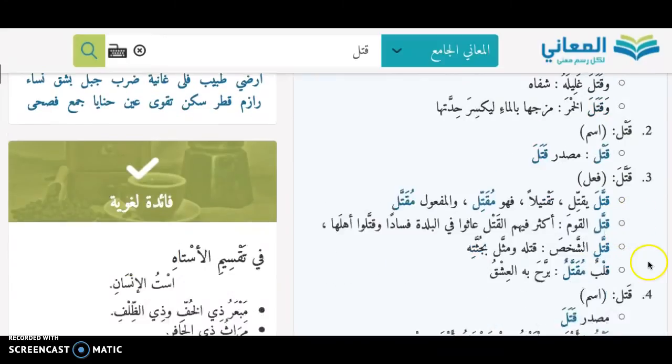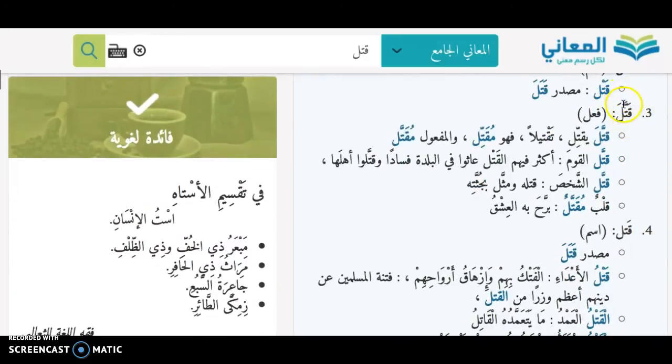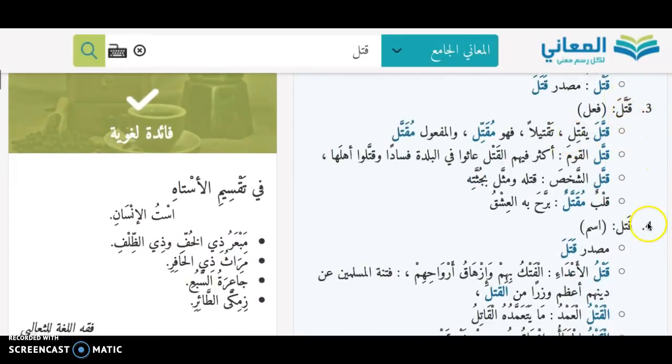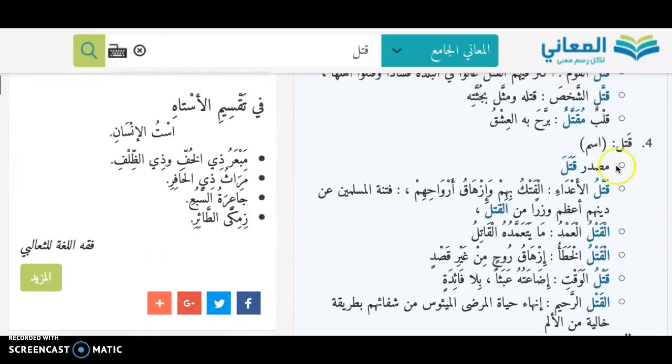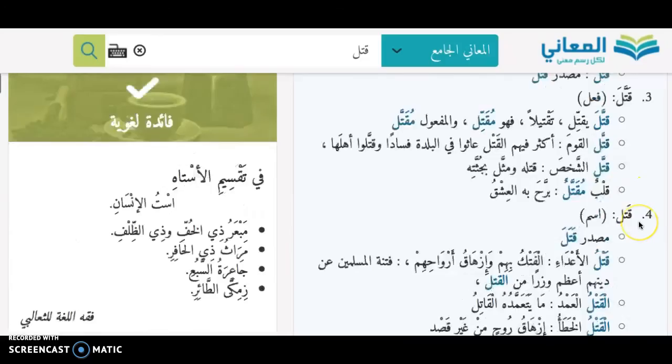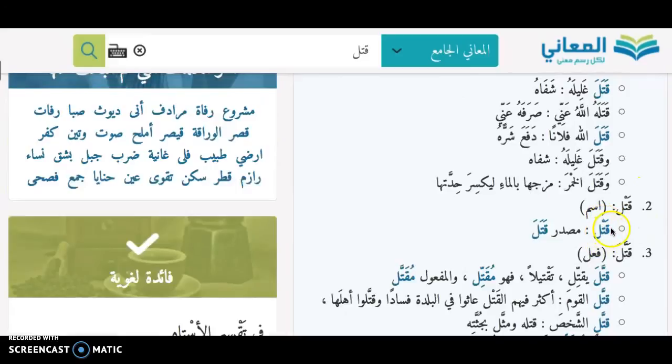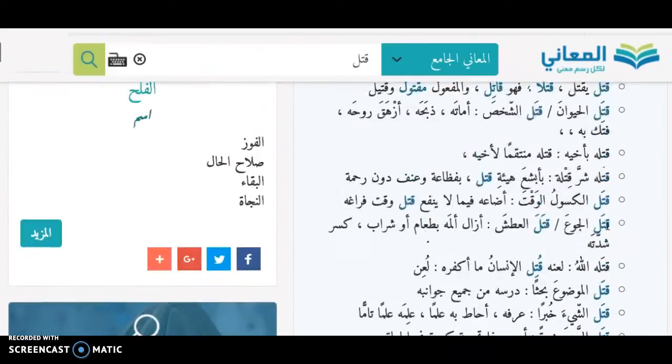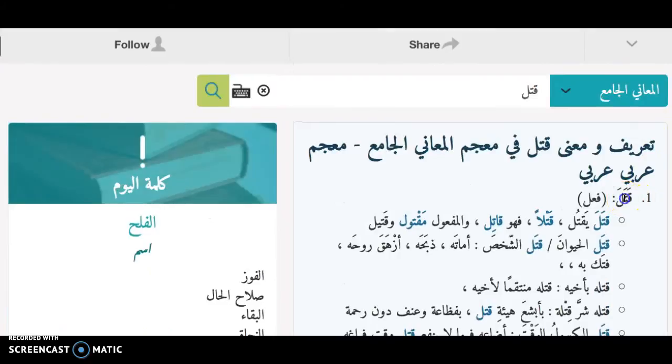Could be this. Number 3, when you add a shadda in the middle, it's something else, and so forth. Like here, it's an ism, similar to this one. Yeah, this one is an ism. But once you add the tashkil on those 2 first letters, it becomes the word you're looking for.